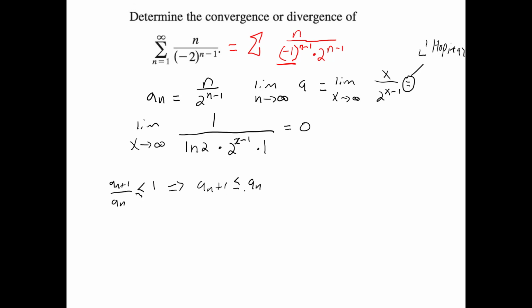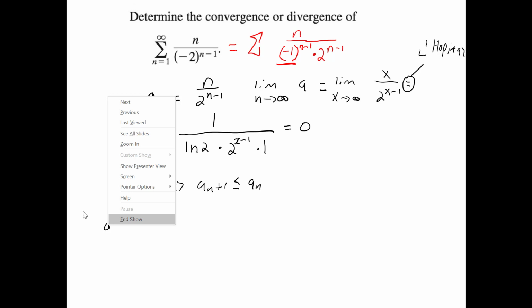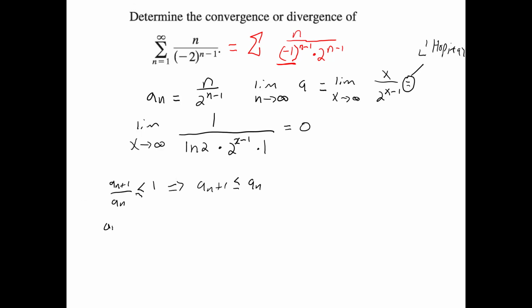So one way of showing that it's decreasing is to show that the ratio of a sub n plus 1 over a sub n is less than 1. So again, a sub n plus 1 is just the term that you get when you put in n plus 1 for n.